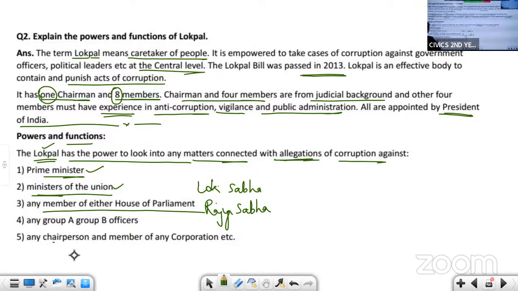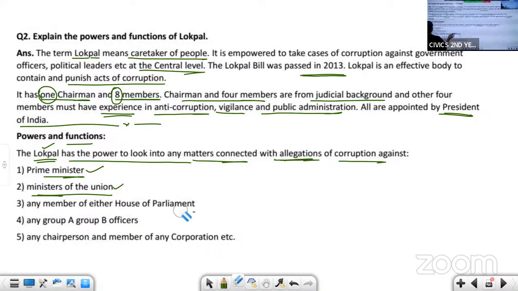And any chairperson or member of any corporation, if there are any allegations of corruption against them, then such cases are taken up by the Lokpal. I hope I'm clear with this topic, Lokpal.